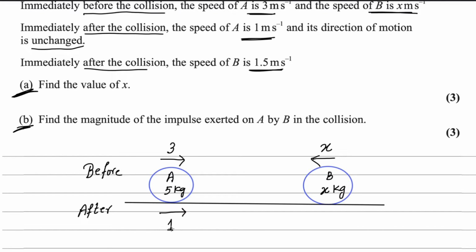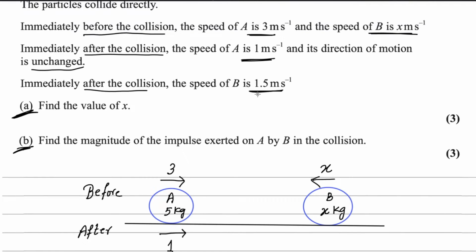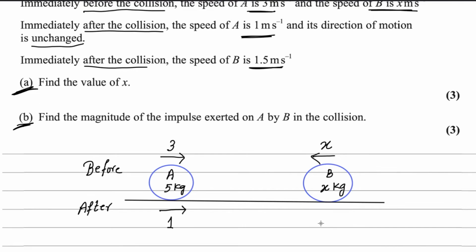But for B after the collision, speed is given, that is 1.5, but direction is not given. That is your choice, either keeping the same direction or changing it. It will not affect the answer, by the way. Only if you get a negative answer, it means your direction is wrong, because we are supposing.